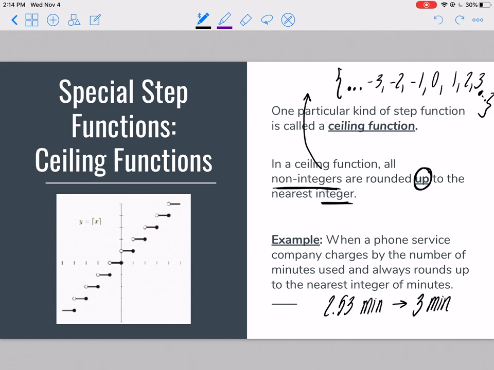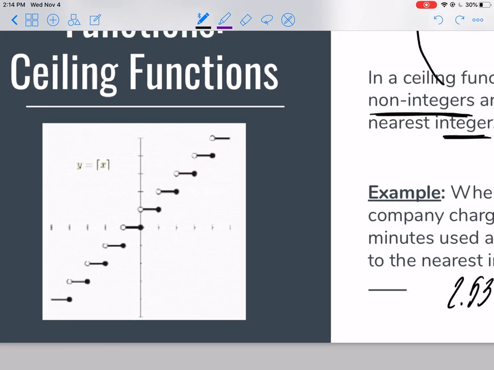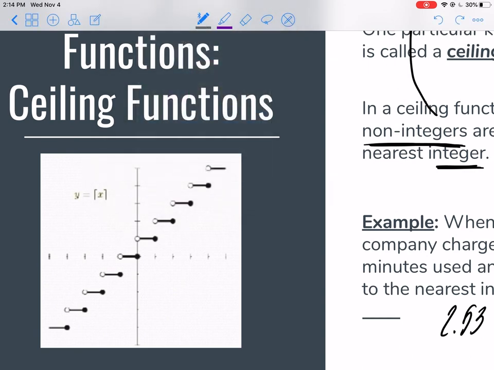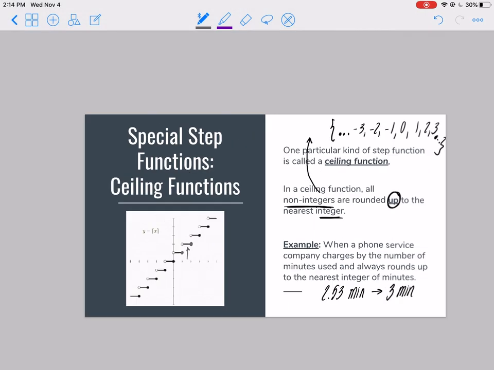That's why it's called a ceiling function. This graph shows that if you jump from the integer 1 to any value in between 1 and 2, so 1.11, 1.5, 1.9, they're going to round that up to 2.